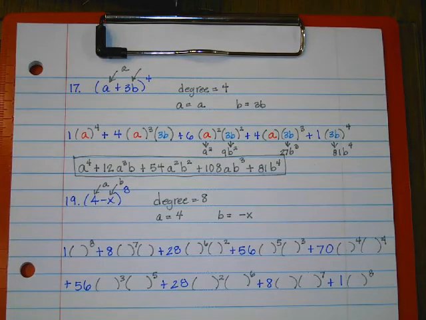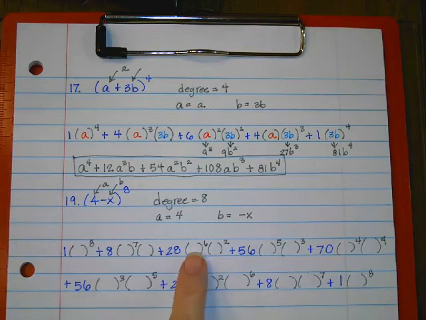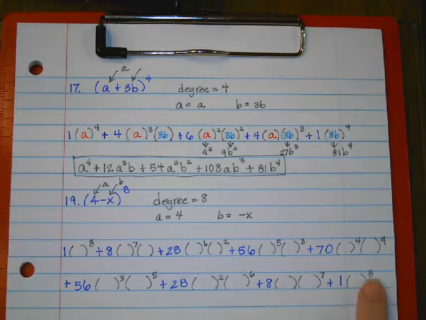So now we should be able to see your A value is at 8, 7, 6, and your B value is going to be 8, 7, 6, 5, 4, 3, 2, 1, no B. And we're going to go ahead and plug in those A values and B values.